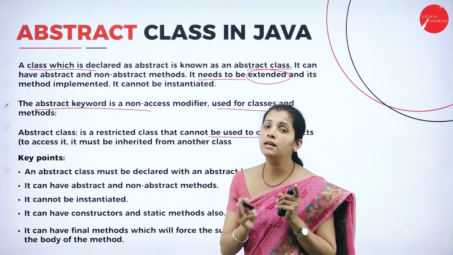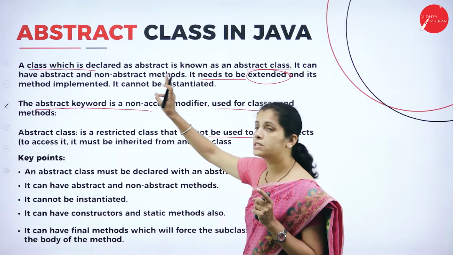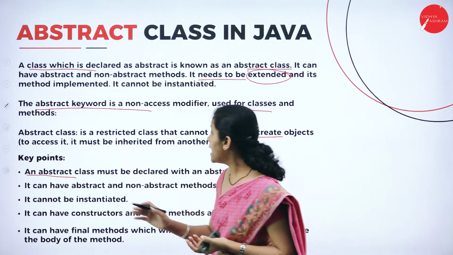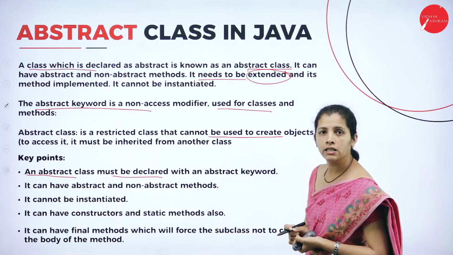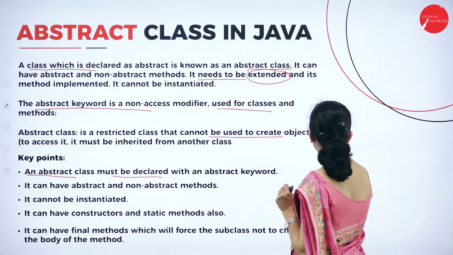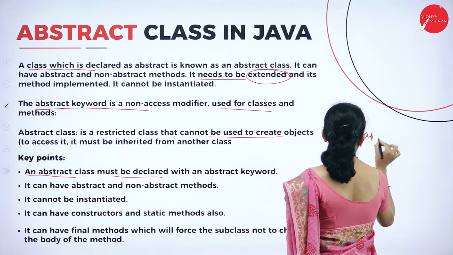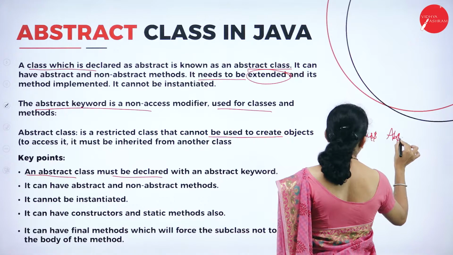Now, what are the points I want to remember here? That is nothing but the rules followed while defining an abstract class. So, what is the first rule? An abstract class must be declared with the abstract keyword. Now, let me consider an example here. Think that I'm going to create a class called abstract sample.